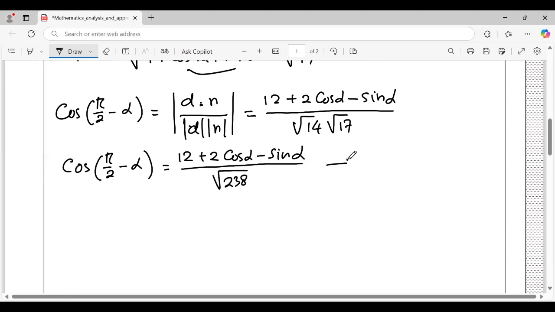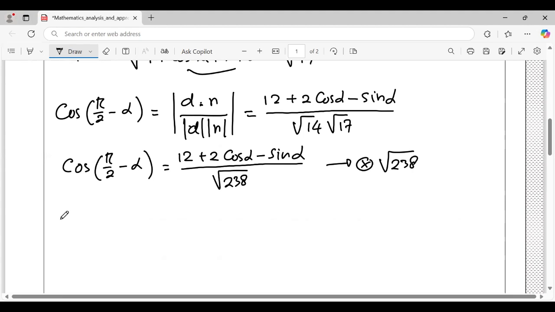And if we multiply the left hand side by square root 238, the right hand side is also multiplied by square root 238.